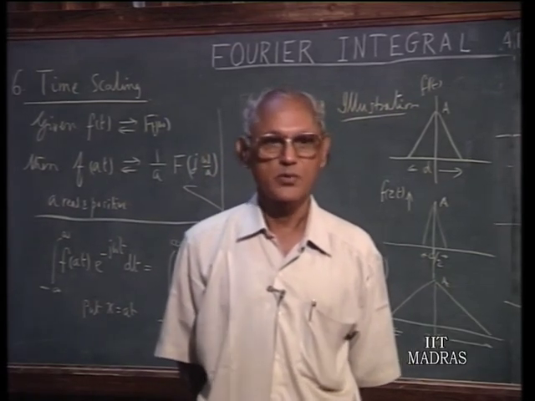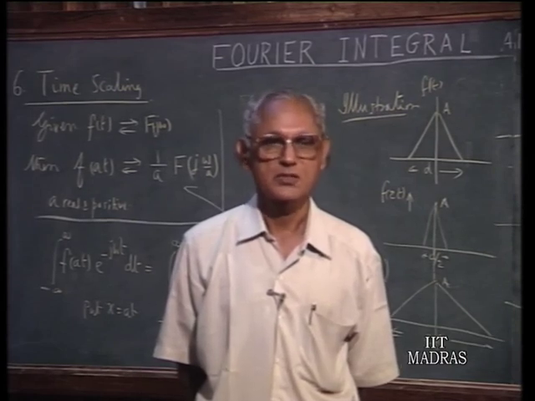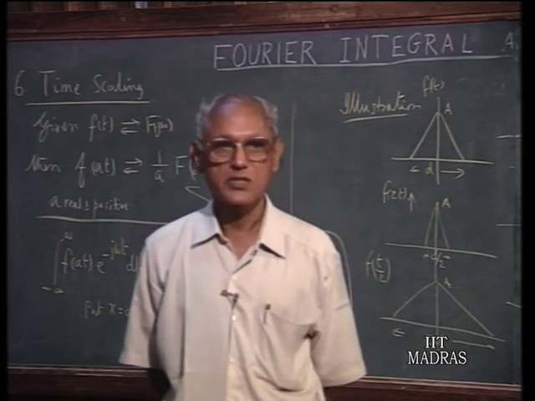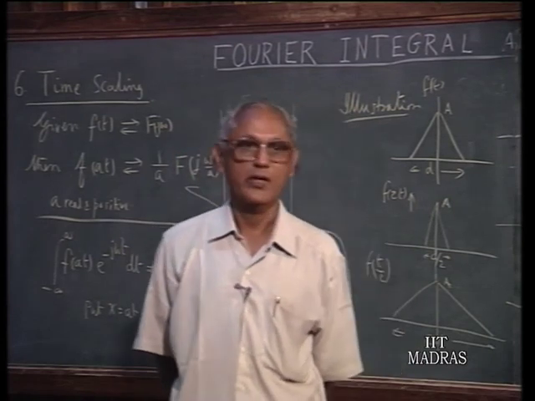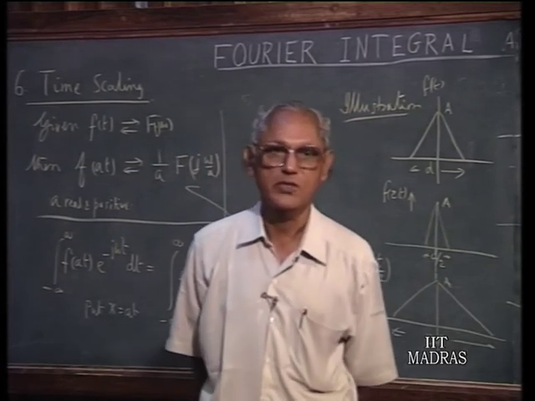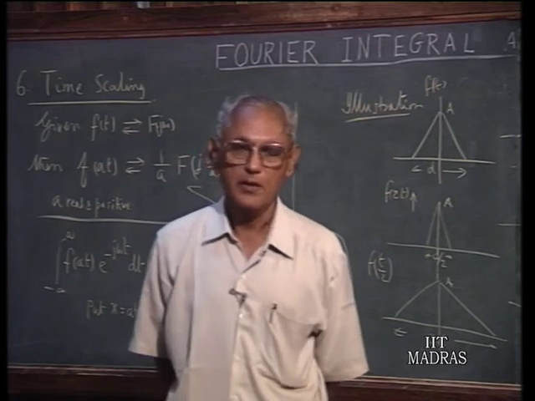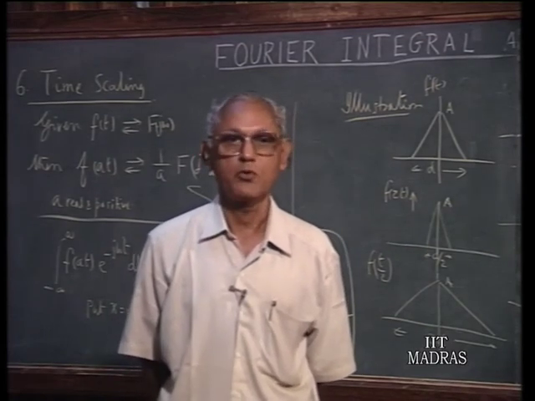A study of all these properties will help us to find the Fourier transforms of certain functions in a much simpler way than if we had to resort to direct integration, and also when sometimes we want to find the inverse Fourier transforms, that means f of j omega is given and we want to find the corresponding f of t. If we keep these properties at the back of our mind, sometimes we get at the solution in a more straightforward way.